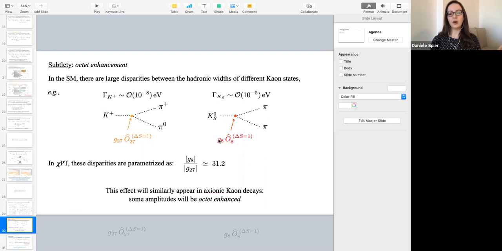And then you can say, oh well, this coefficient happens to be large. And so you parametrize the disparity in widths as a disparity in the size of these two coefficients. And in particular, to describe why you have this enhancement of K short hadronic decays relative to charged kaon hadronic decays, you need the ratio of these coefficients to be about a factor of 30. Okay, this is what is known as octet enhancement in kaon decays.